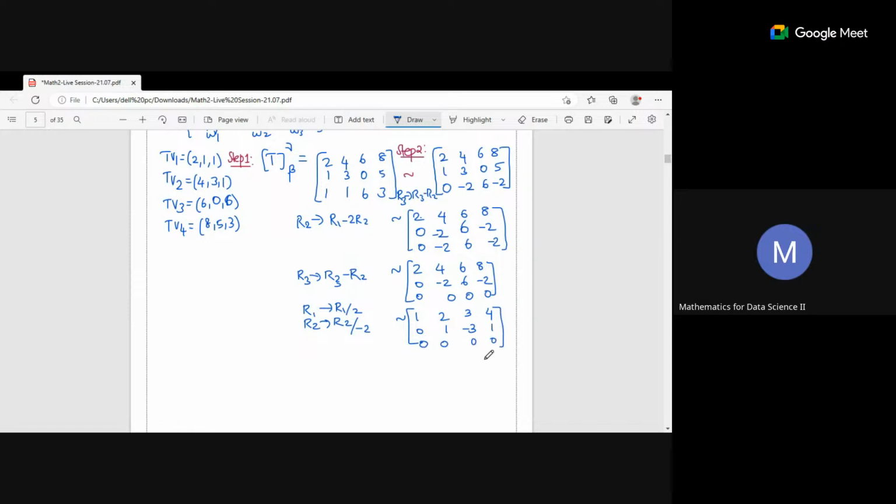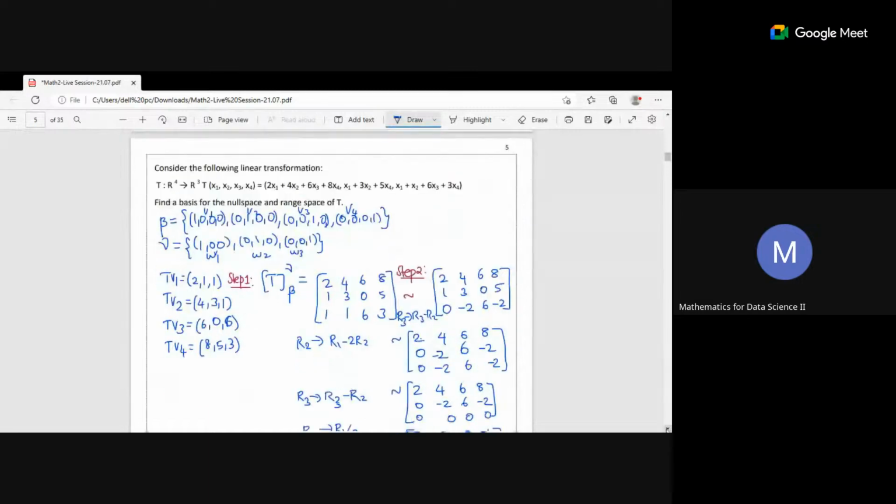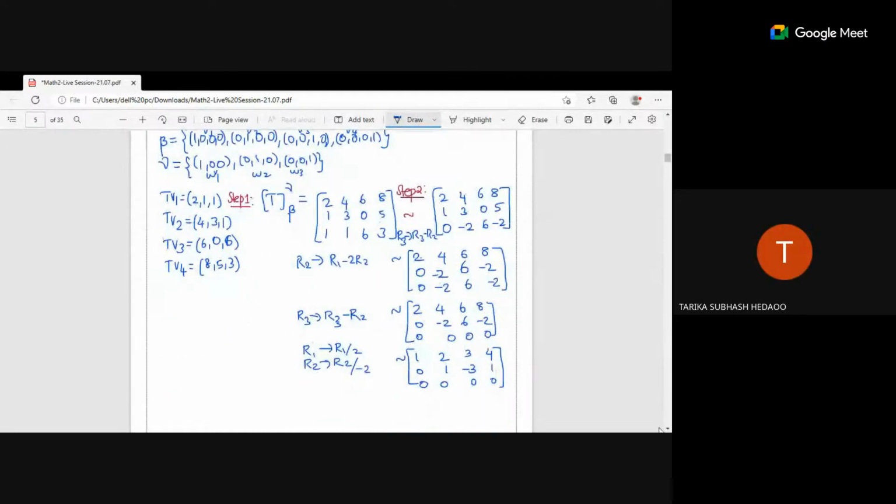Okay. Now is this in echelon form or reduced echelon form? Echelon form, right? So we need to do one more step to make this reduced echelon form. Let us now do R1 going to R1 minus 2R2.